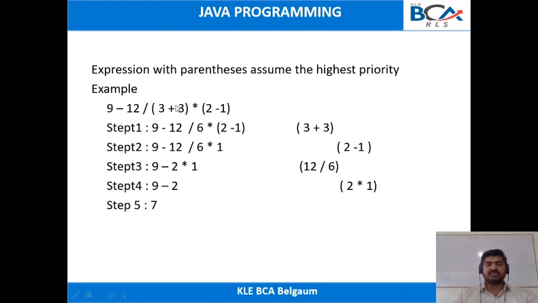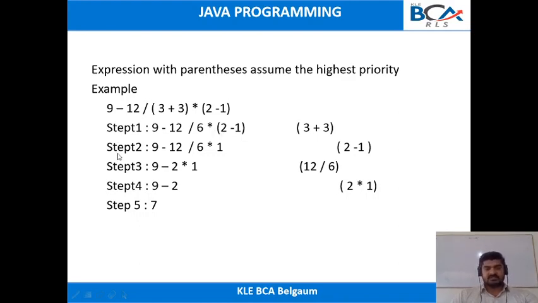Evaluation starts from left to right. In the first step, evaluate the parenthesis 3 plus 3, which gives us 6, and keep the remaining things the same: 9 minus 12 divided by 6 into 2 minus 1.